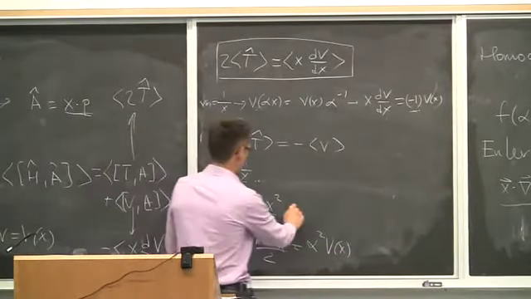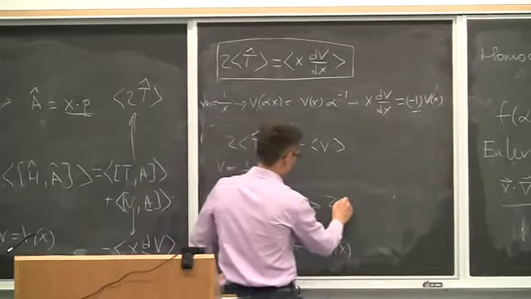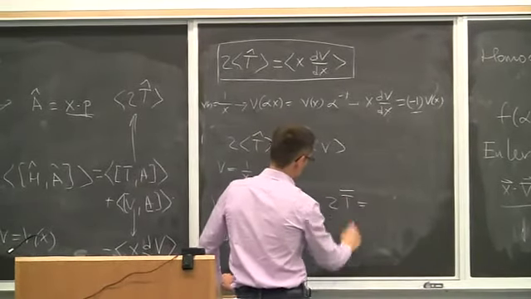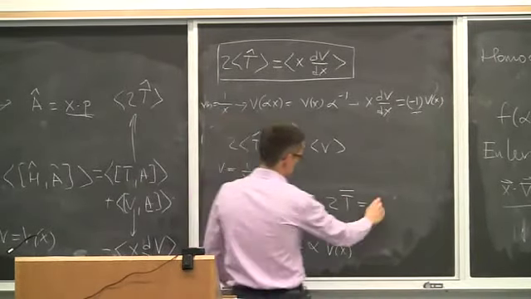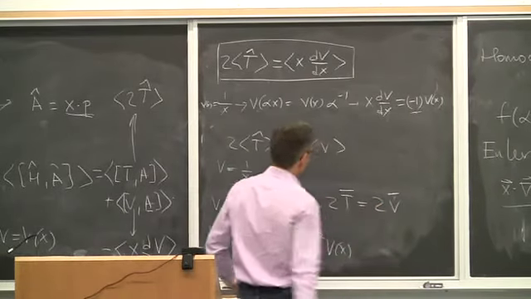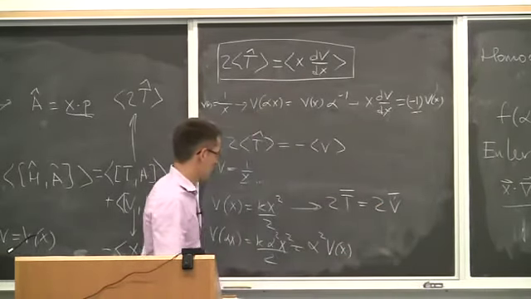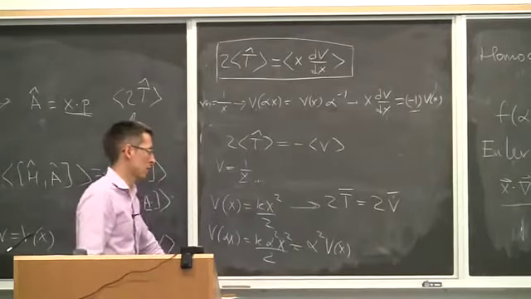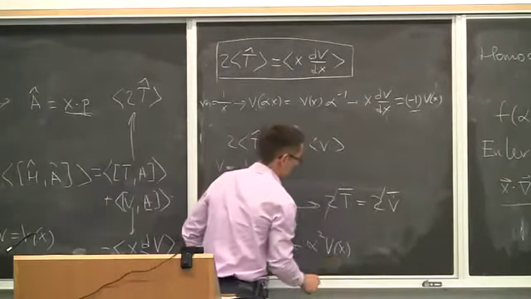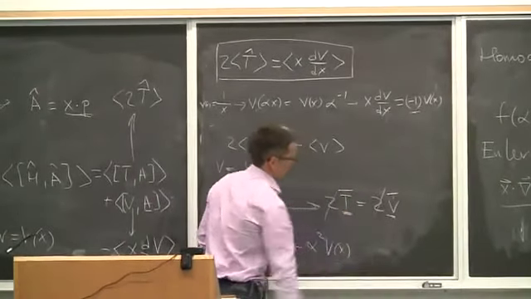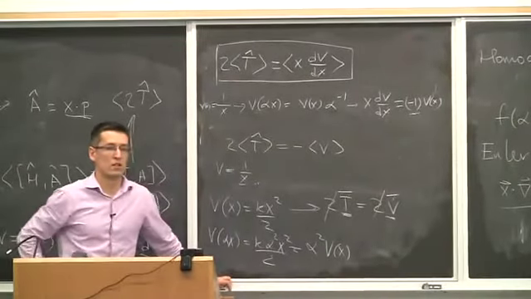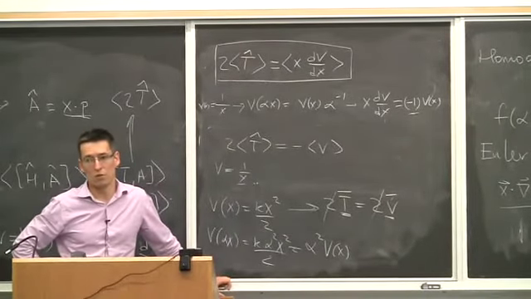Then for the harmonic potential, you have 2 average T equals 2 average V, according to this expression again. Okay? So we can cancel the 2s, and the kinetic energy and potential energy for any state of a harmonic oscillator will be the same.